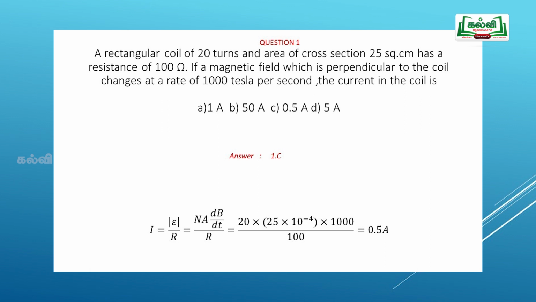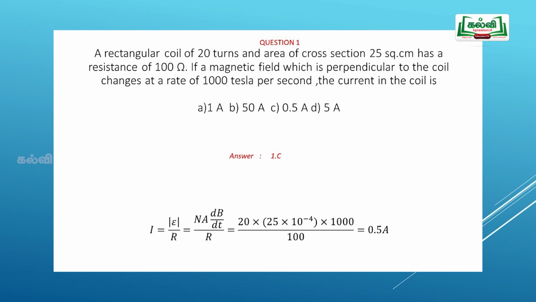Of course, in many of the problems, the magnetic field will be perpendicular to the coil, which means B vector and A vector are along the same direction. Since B and A are along the same direction, the angle between them will be 0 and cos 0 is equal to 1. So, in the formula B A cos theta, in many of the problems it will happen to be cos 0, which is 1.